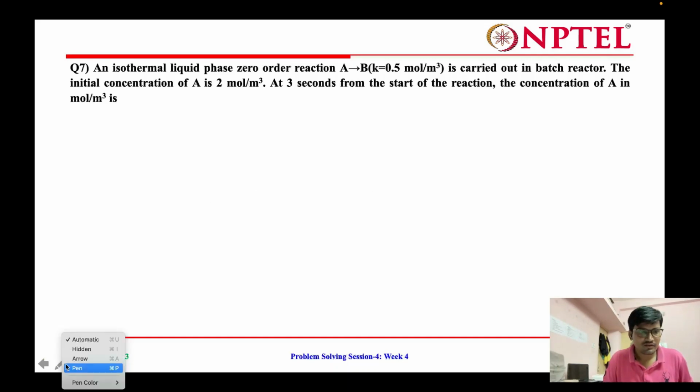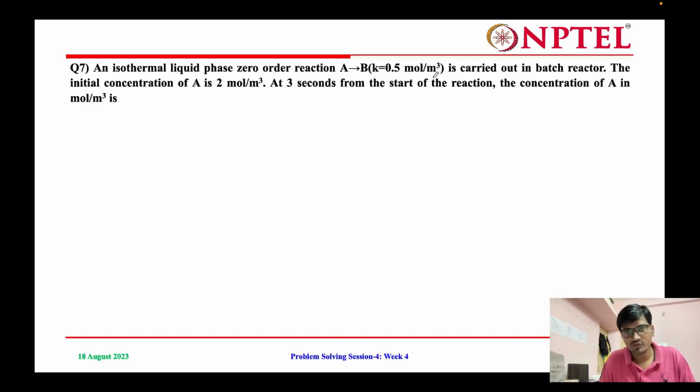Now question number 7. An isothermal liquid phase zero order reaction A gives B with k equal to 0.5 mole per meter cube is carried out in a batch reactor. The initial concentration of A is 2 mole per meter cube. At 3 seconds from the start of the reaction, the concentration of A in mole per meter cube is? So here we have to calculate the concentration after 3 seconds.